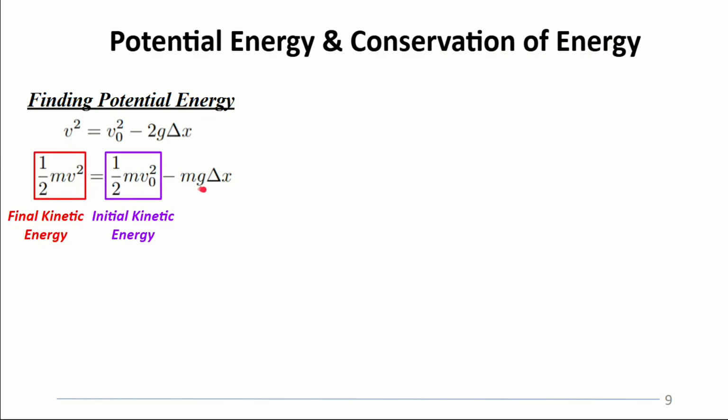But then you might be thinking to yourself, what is up with this term over here? This here is going to be the foundation for our potential energy, U that is.